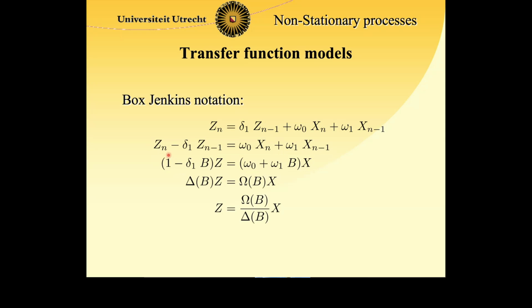So this can be written as 1 minus delta 1 B times Z, and this one can be written as omega 0 plus omega 1 times B. Now we use this capital Delta and this capital Omega, and we can write Z as a function of x like this.